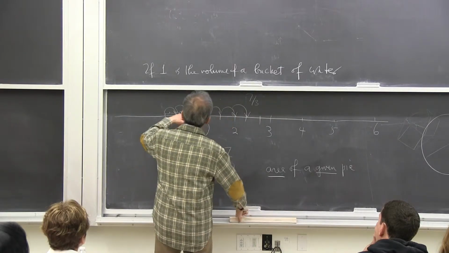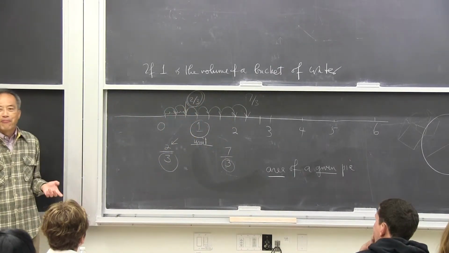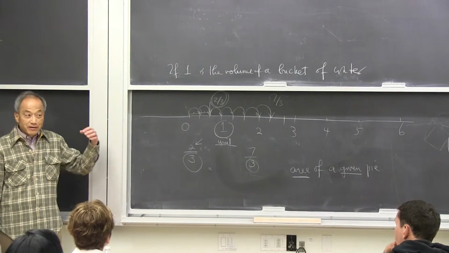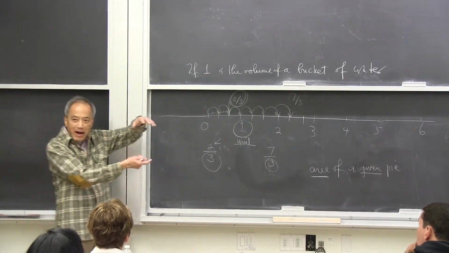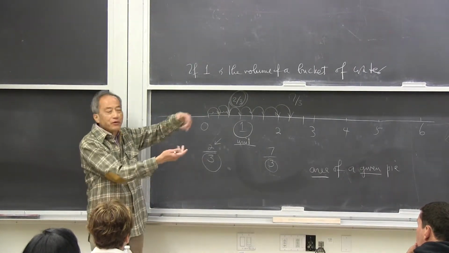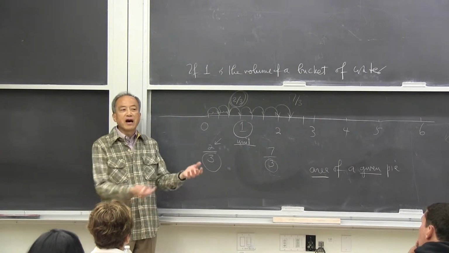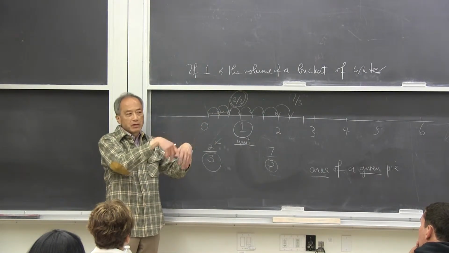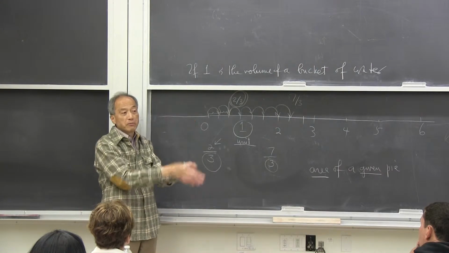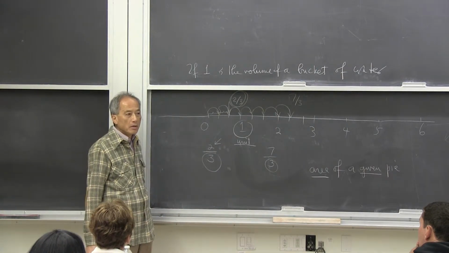Well, in that case, what would 2/3 be? Take the amount of water that's only 2/3 of the whole thing. Divide the volume of the water, or what we call the capacity, into 3 equal parts and take 2 of them. Then it's okay.